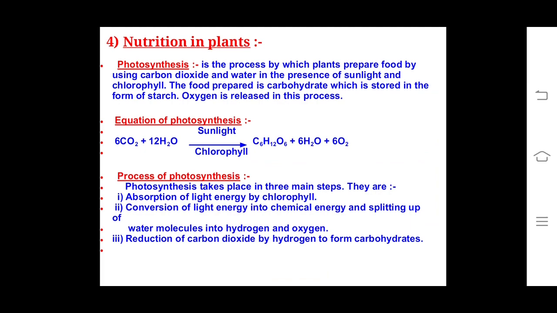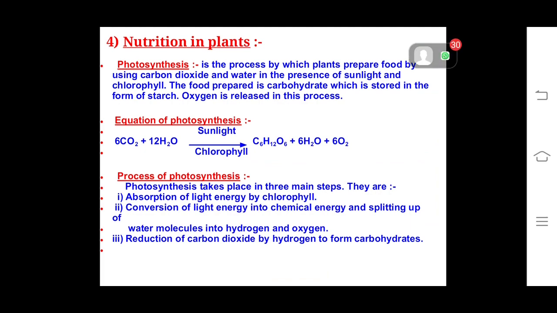So during the day, in the presence of light, chlorophyll molecules harness or trap the light energy. Then the light energy is converted into chemical energy, and then it is used for splitting of the water molecule.